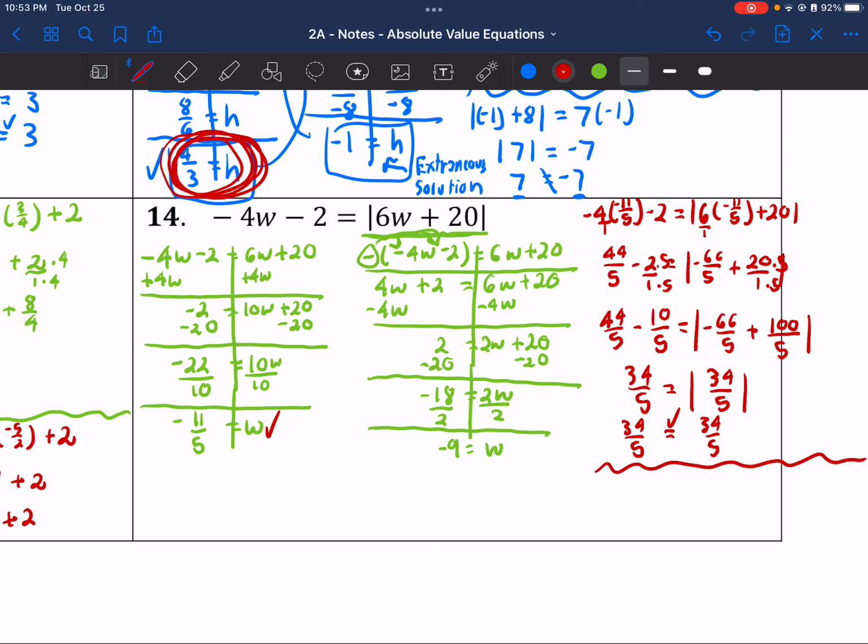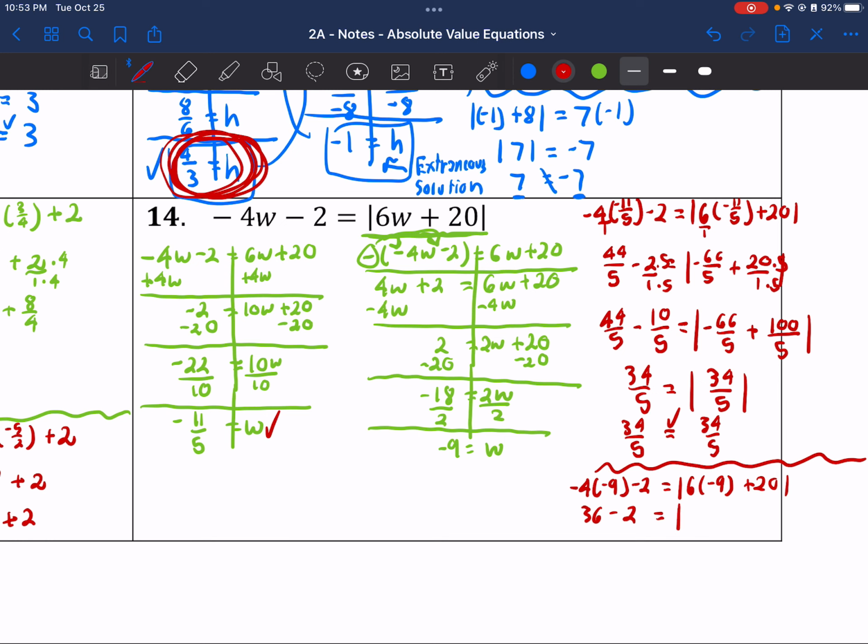Last but not least, we're going to plug in negative 9 for w. So we get negative 4 times negative 9 minus 2 is equal to the absolute value of 6 times negative 9 plus 20. Negative 4 times negative 9 is going to be positive 36 minus 2.